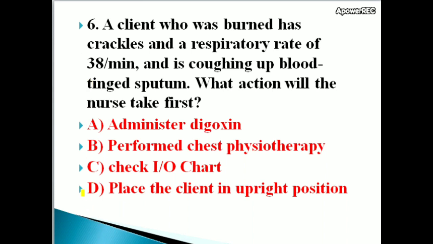Correct answer is place the client in upright position. So a client who was burned has crackles and a respiratory rate of 38 per minute and is coughing up blood-tinged sputum. We have to place the client in upright position.